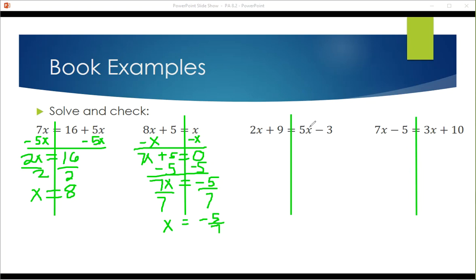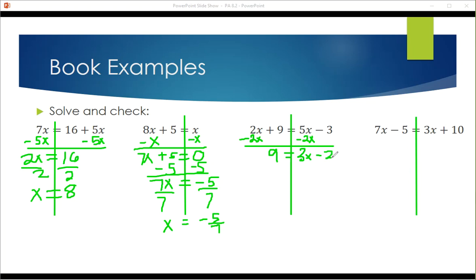It doesn't matter which side I put my x's on. So this one I'm going to do it the other way. Because 5x is the bigger number, I'm going to move 2x over there. So I'm going to subtract 2x from each side here. So I end up with 9 is going to be equal to 3x minus 3.